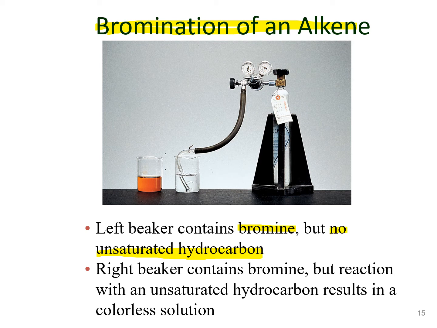Now with the help of this apparatus, when we add the alkene in that beaker, the color changed from orange to transparent. So a color change happened, which shows us that the reaction has occurred with the alkene. So this results in a colorless solution.